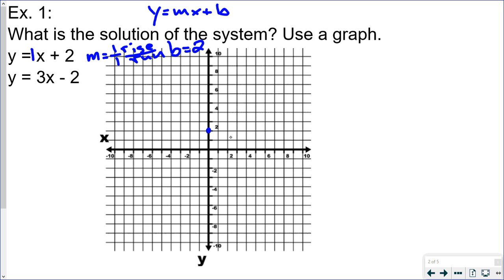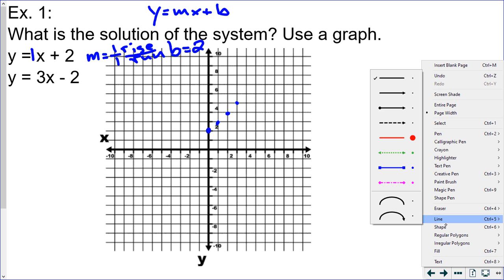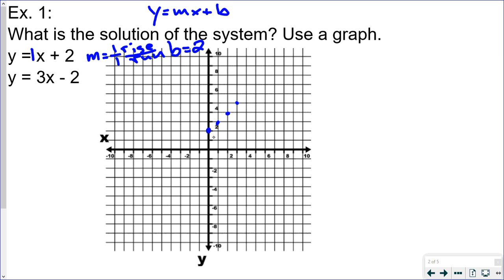This is a positive slope, so I know it's going to lean to the right. So I'm going to go up 1 and to the right 1. And so I'll just put a few points there and draw a line through those. Extend this out a little bit. Put arrows, meaning this line continues on indefinitely. So that's the first one.